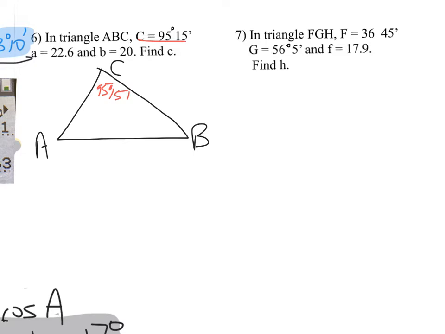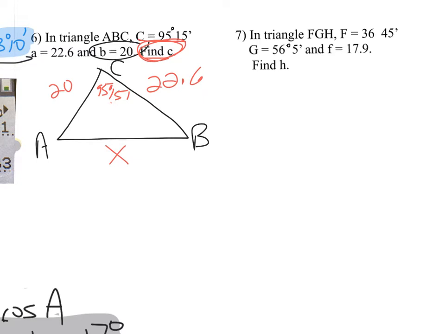Side A, the side opposite angle A, is going to be 22.6. And side B, the side opposite angle B, is going to be 20. And we have to find little c, so that's the side opposite angle C.